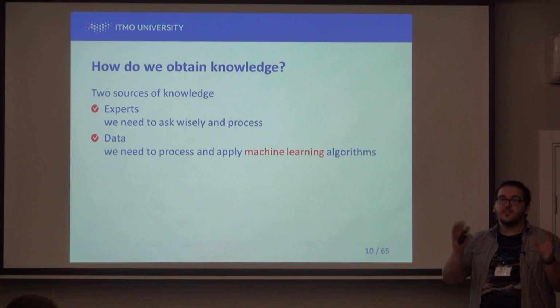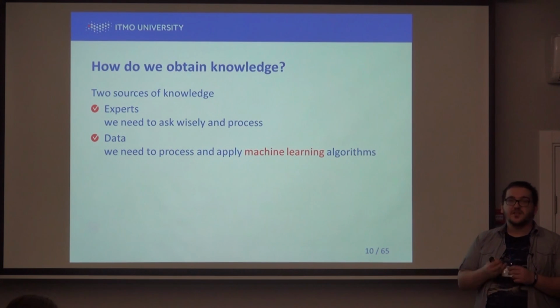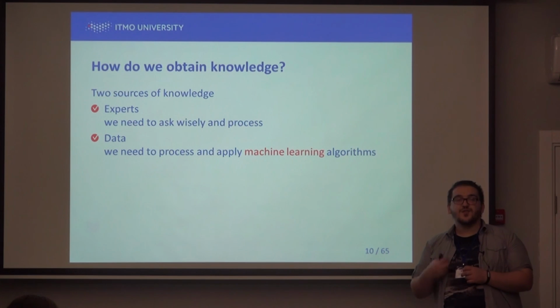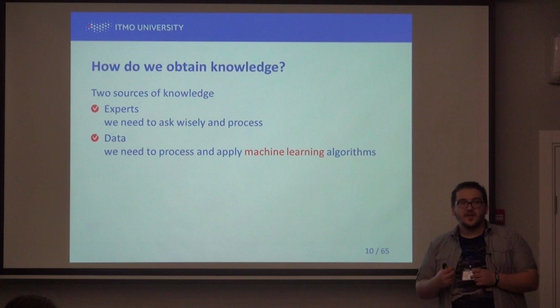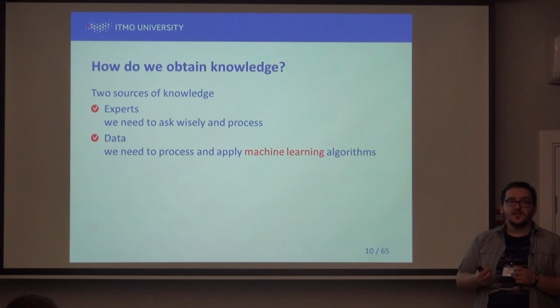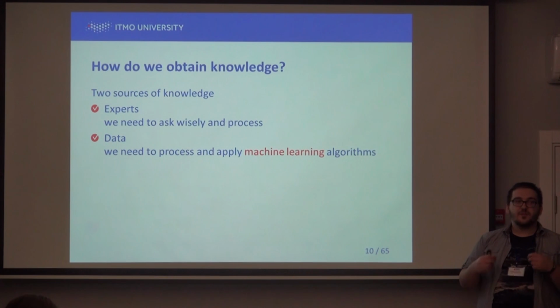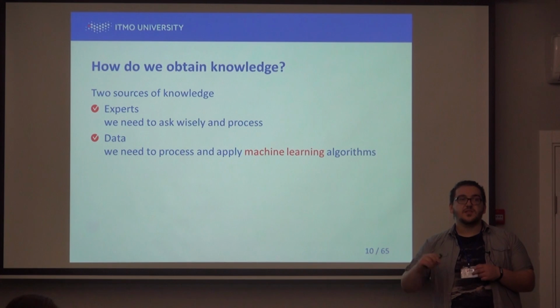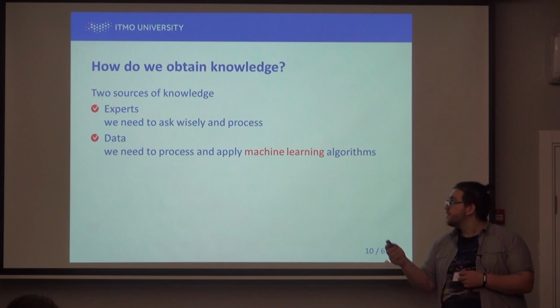Many systems were based on expert knowledge. However, it's not cheap, it's not universal, and so on. So we'd better have data and try to process it with algorithms which can find knowledge in this data.